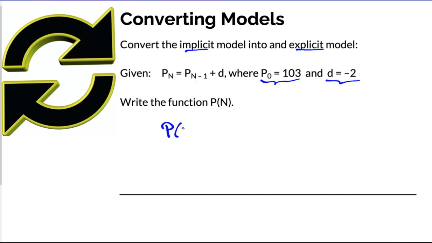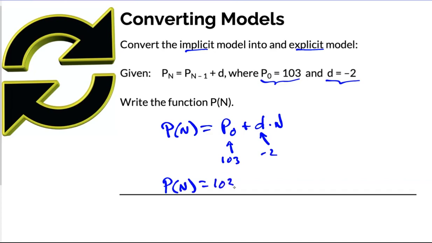We just have to remember the format for the explicit model. And we're going to plug in 103 for the initial population and -2 for the common difference. And we can now write the explicit model as 103 minus 2 times n.